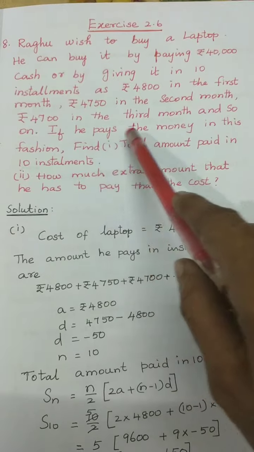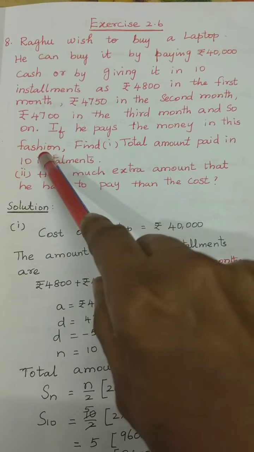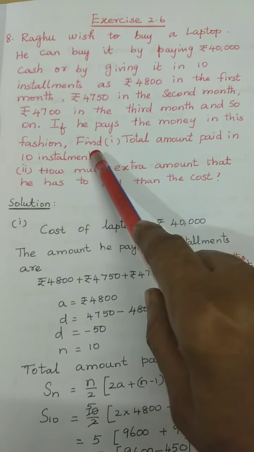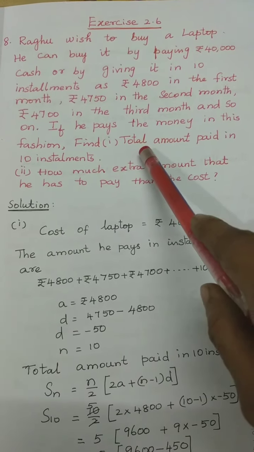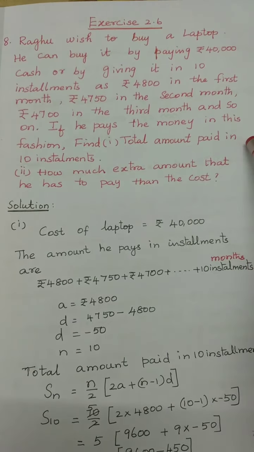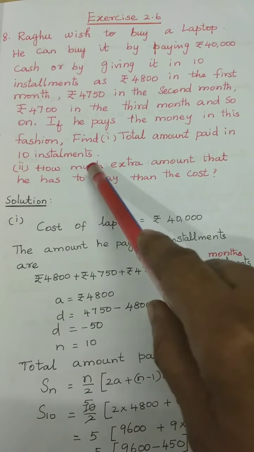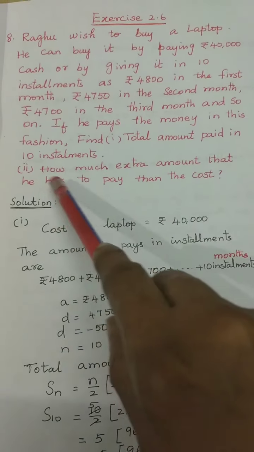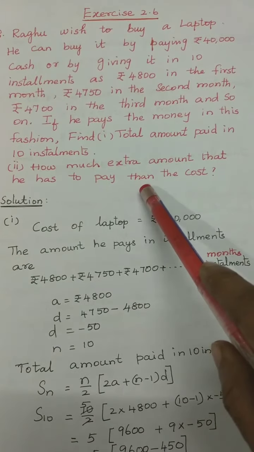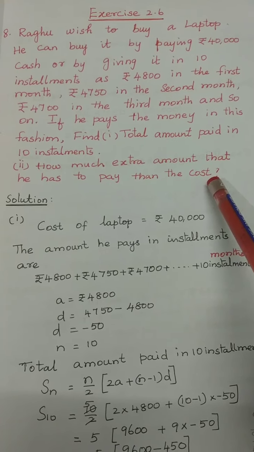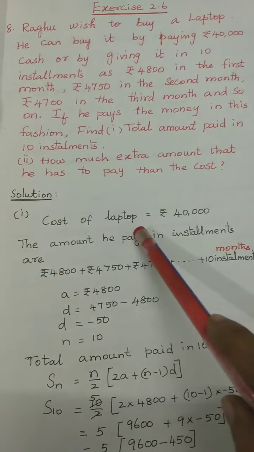If he pays the money in this fashion, find first, the total amount paid in 10 installments, and second, how much extra amount he has to pay than the cost of the laptop.